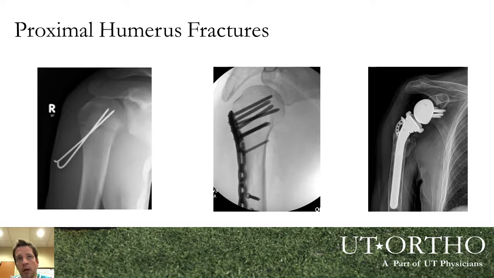And then if the fracture's very, very bad, typically in the elderly, you can see on the very right-hand side, we have a reverse total shoulder, which I think we'll stay away from in this talk, but just understanding the continuity of treatment. Majority of these in kids, non-operative. Even fractures in the adults can be treated non-operatively, but we do have surgical solutions for people who continue to have pain and no function.